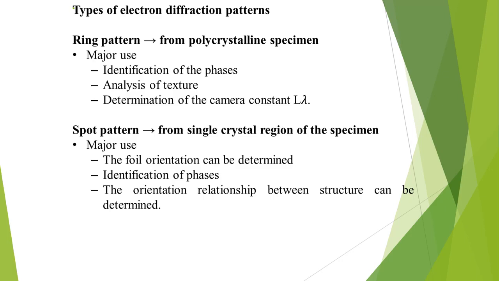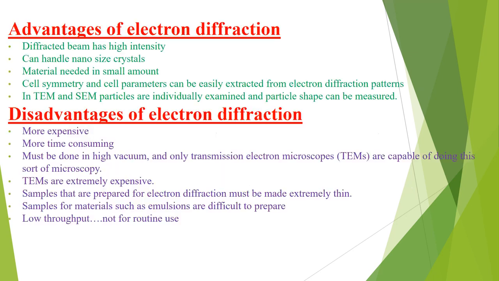The second pattern is the spot pattern from a single crystal region of the specimen, and its major uses are that the foil orientation can be determined, identification of the phases, and the orientation relationship between structures can be determined.